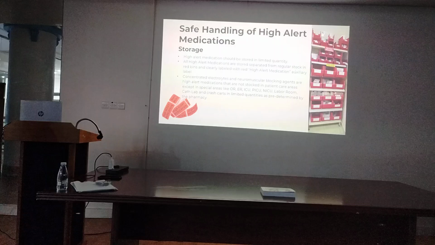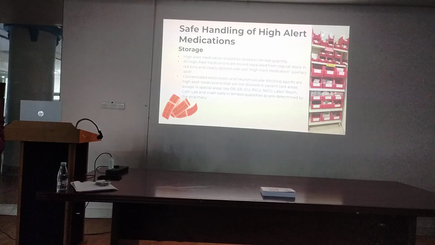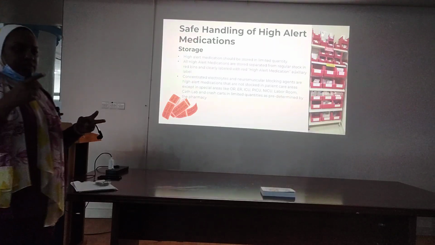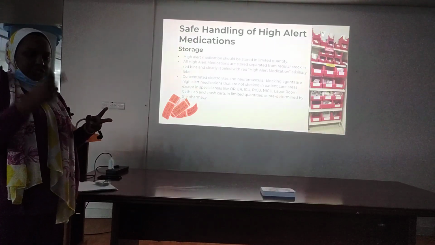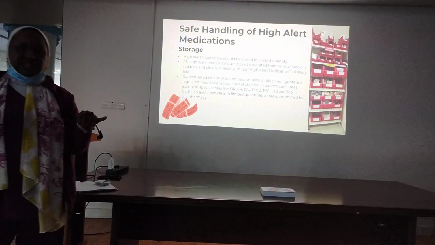What are the steps that we take in this hospital to reduce error when it comes to high alert medications? I know that you all know, so let's take it one by one. Someone from here tells me only one. Maya, tell me how we do that. Red bins. We put red bins. What else we do? Labels. Okay. What about the quantity? Very little quantity.